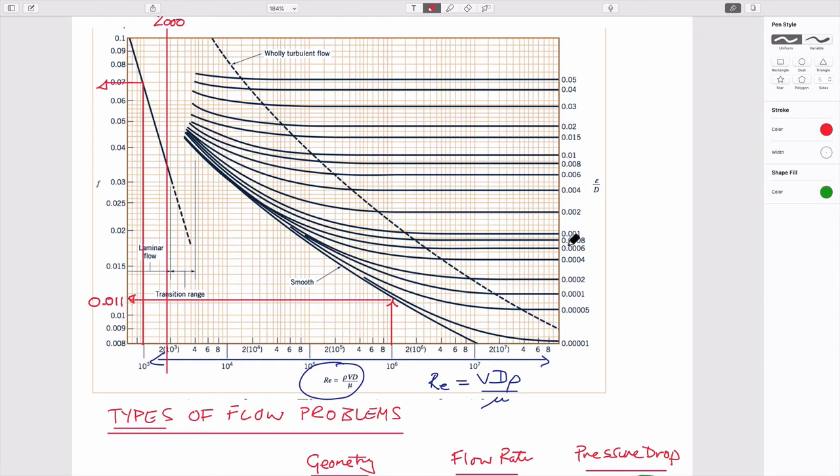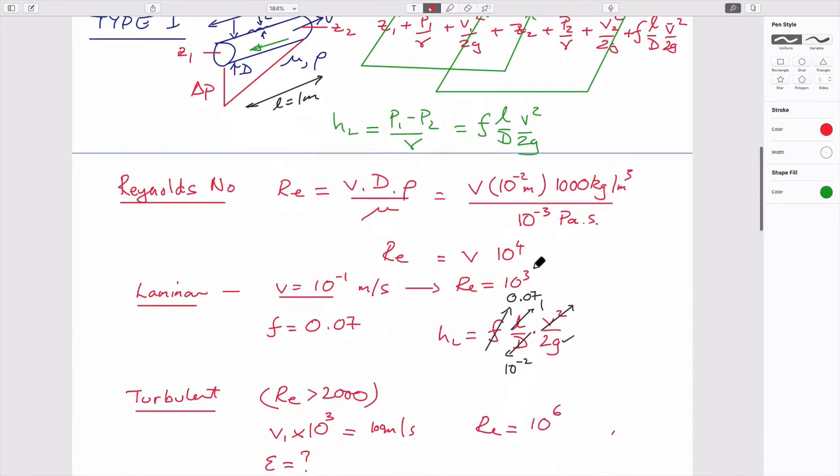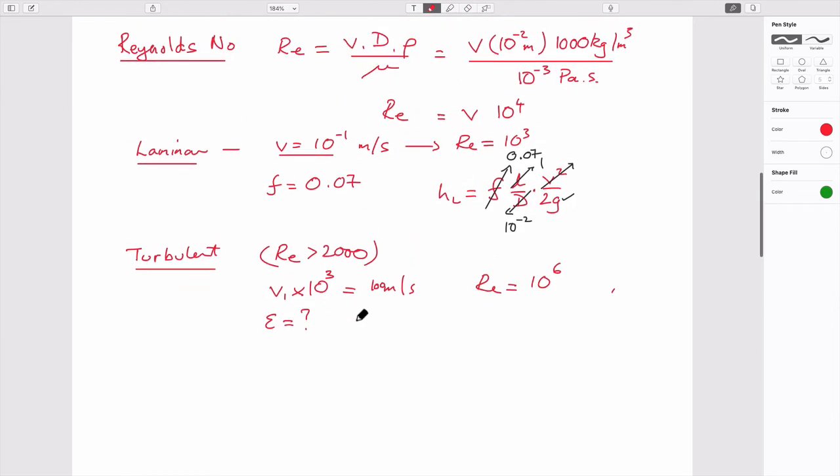And if it was a rough pipe of some roughness, what would a reasonable roughness be? The pipe diameter is 1 centimeter. So if it were 1/1000th of a centimeter, then epsilon over d would be 1/1000 over 1 centimeter. 1 centimeter is 10 to the minus 2 meters, so this would just be 10 to the minus 3, 0.001, right?